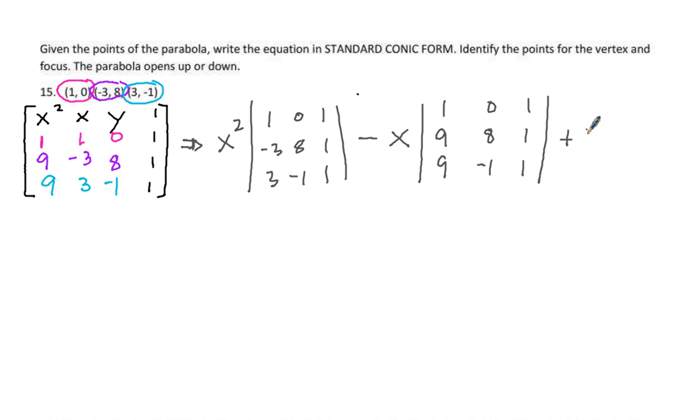And then I add the y. Now I take away the y column and the top row, and I find the determinant of what's left, which is the first column, the second column, and the fourth column.